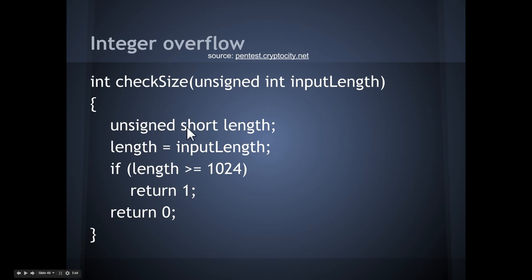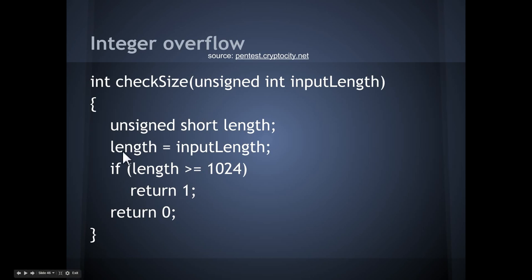In this case, what we're taking in is an integer, and we have this temporary value that's a short, and we're putting the integer into a short, so that's truncating it. That's losing information, and perhaps we're looking for things that are greater than 1024, and if that's the case, we'll return 1.